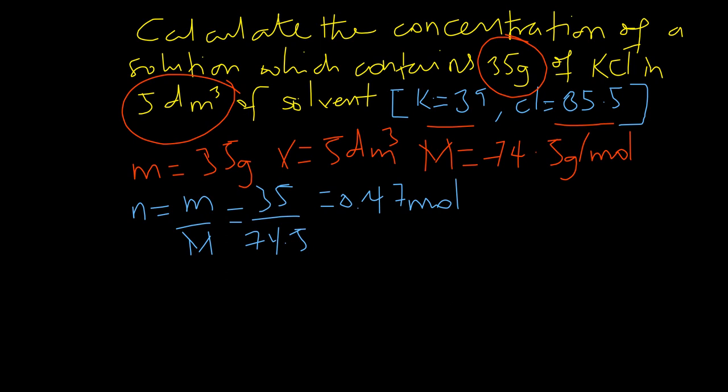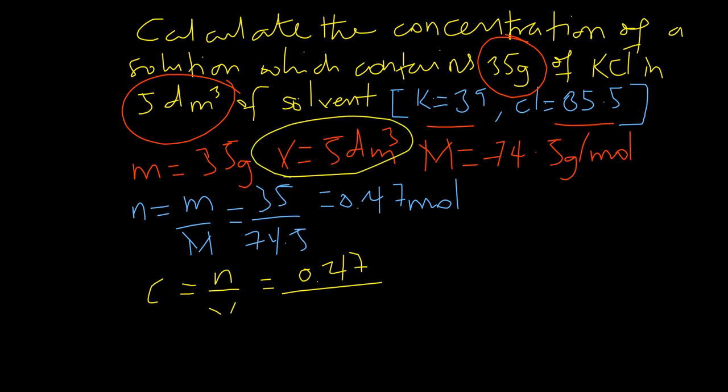Concentration is equal to mole over volume. Our mole is 0.47 divided by the volume. It's been given to us in dm cube, so we don't need to do any conversion.